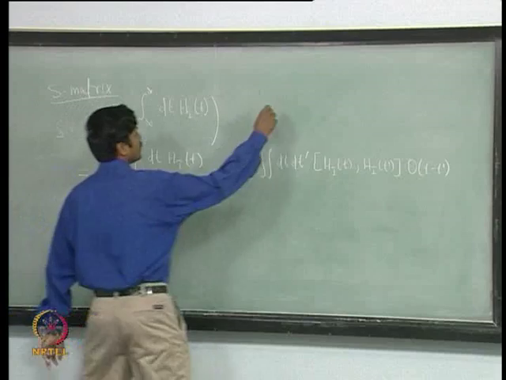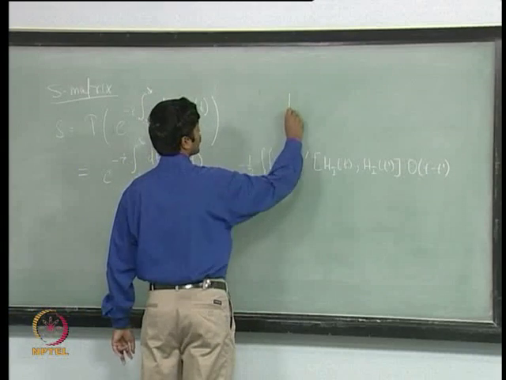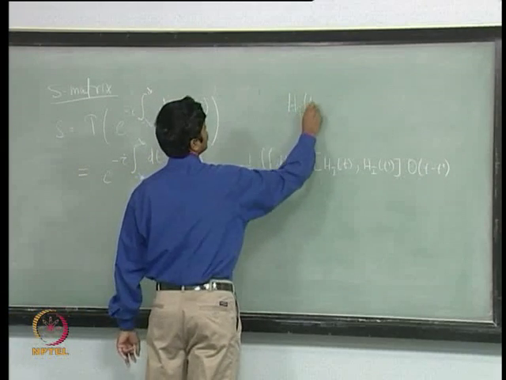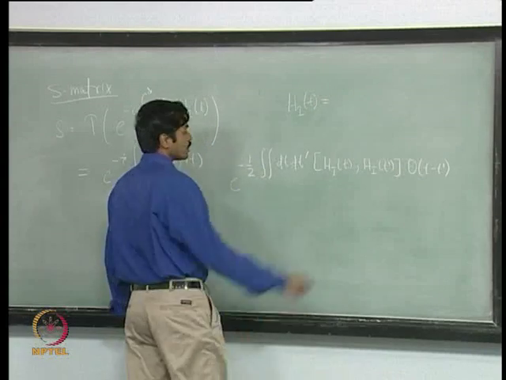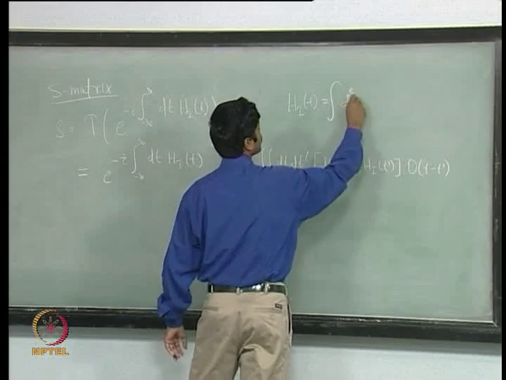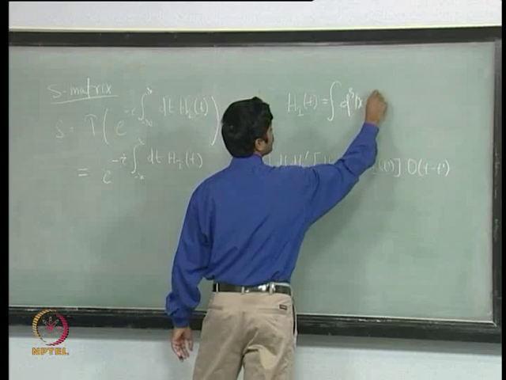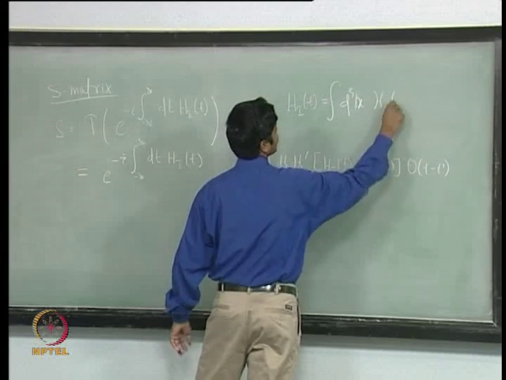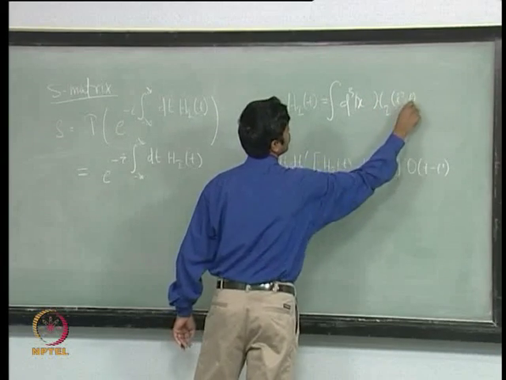Typically, we are considering field theories where the interaction Hamiltonian is written in terms of integration of d cube x times some Hamiltonian density H_I of x, t.